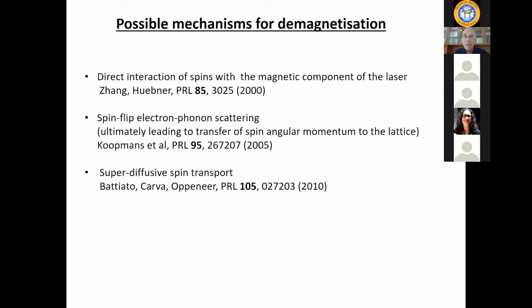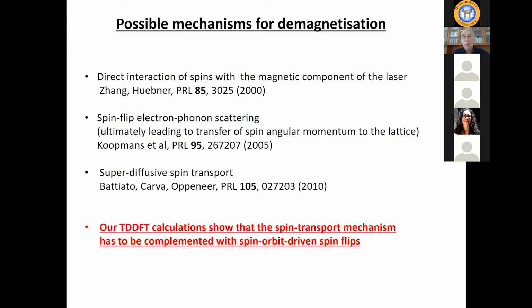So all these three effects exist, there's no question, but it turns out if you look at it within ab initio calculations, the first one and the second one are too slow. They don't account for this very fast demagnetization. This effect is there, and it's an important aspect, but what we found, it's only half of the story. There's another half which has to do with spin orbit driven spin flips that I will discuss in the following.